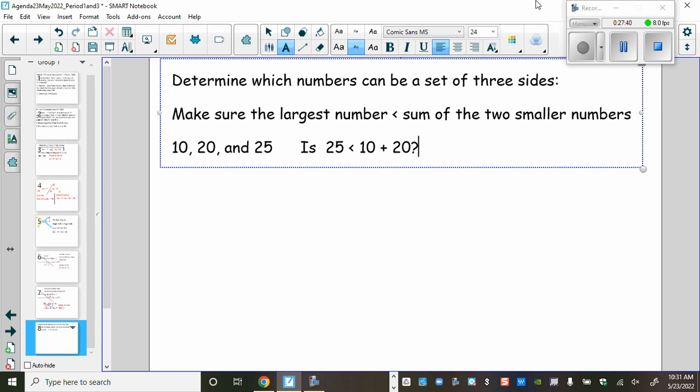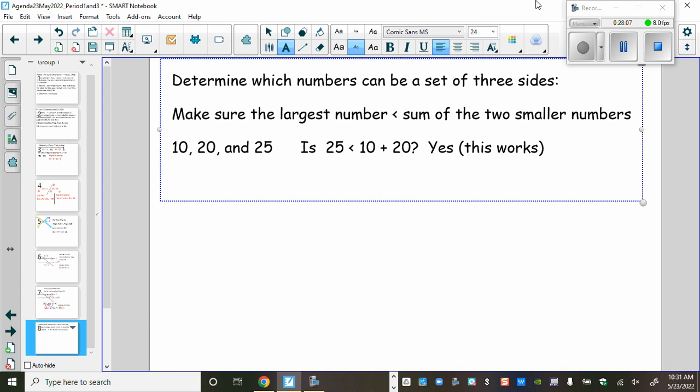What's 10 plus 20? So is 25 less than 30? Yes. So this works.